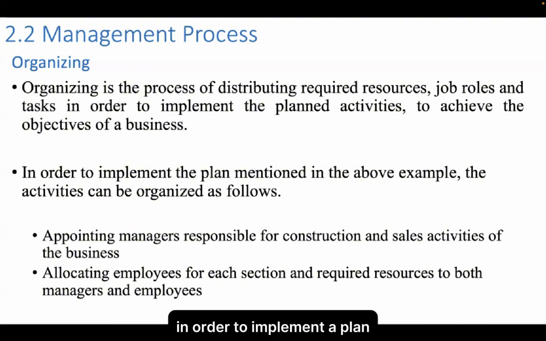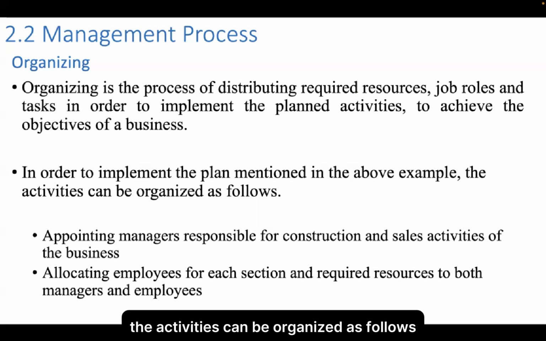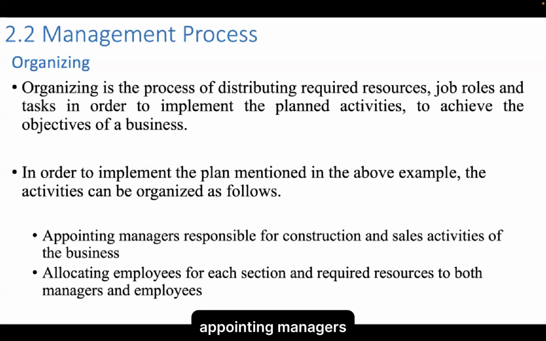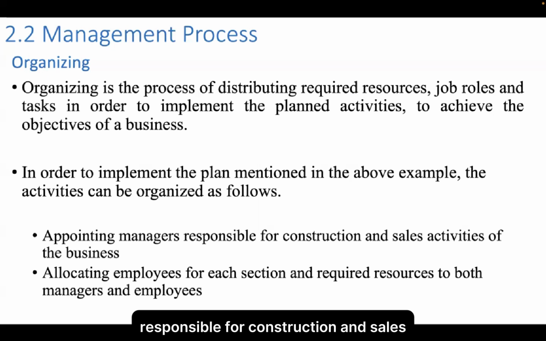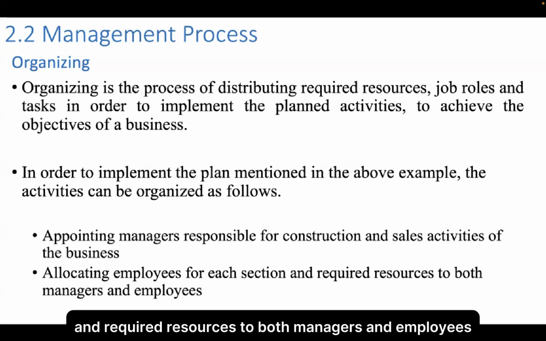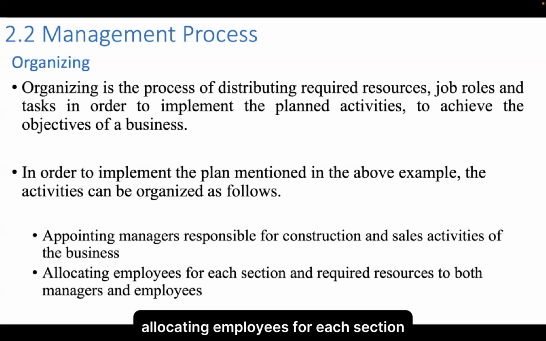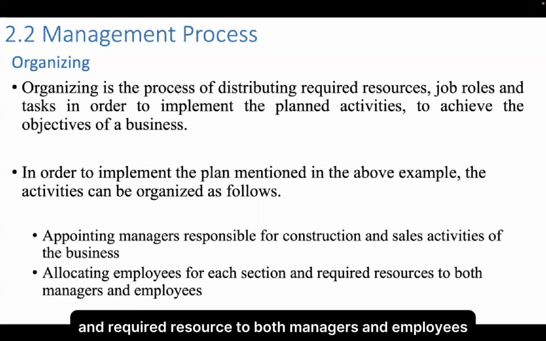In order to implement the plan mentioned in the above example, the activities can be organized as follows: appointing managers responsible for the construction and sales activities of the business, and allocating employees for each section and required resources to both managers and employees.